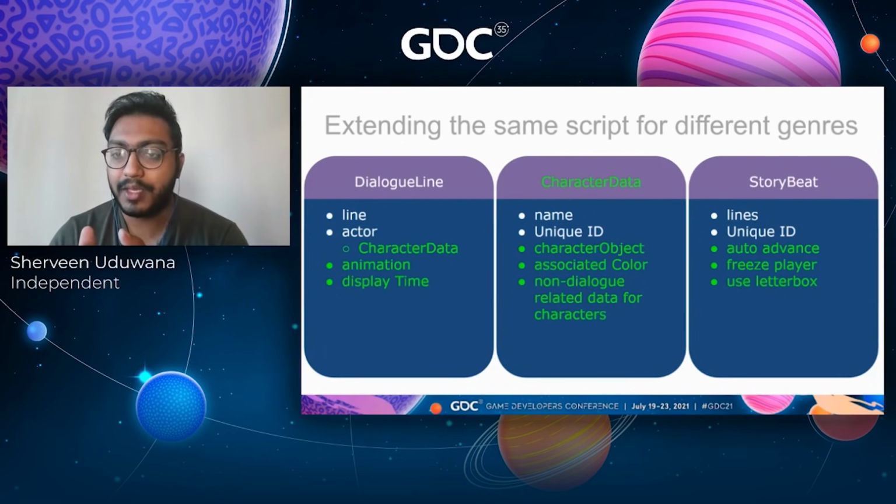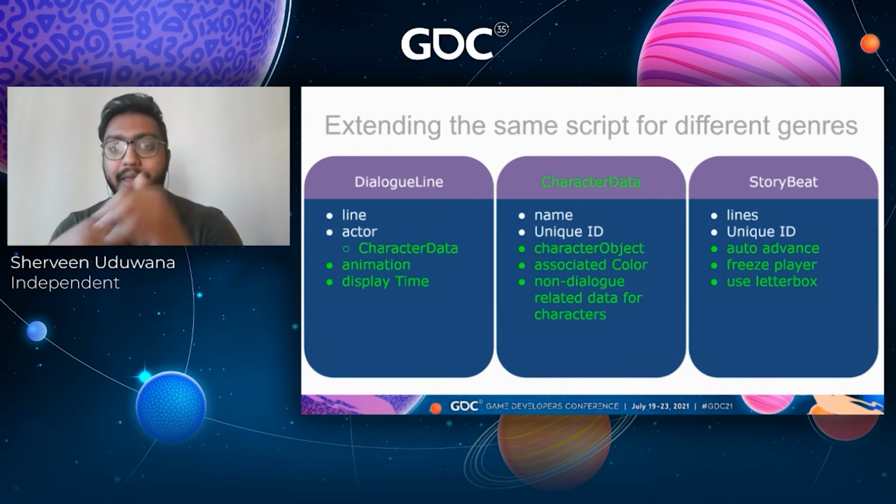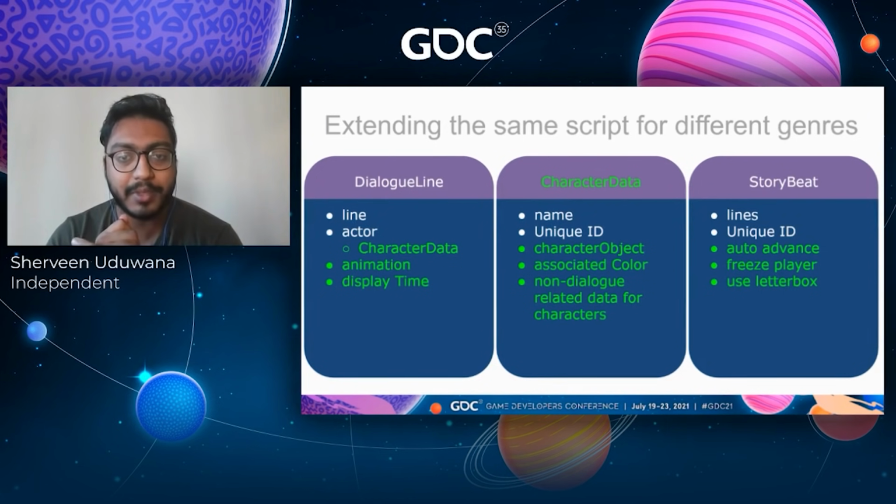And then the Storybeat class just got a couple of tags essentially. Like should the speech bubble advance automatically? Should it freeze the player in place? Should it make little letterboxes come in for cutscenes? And besides the big character data change, it's not too overwhelmingly different.